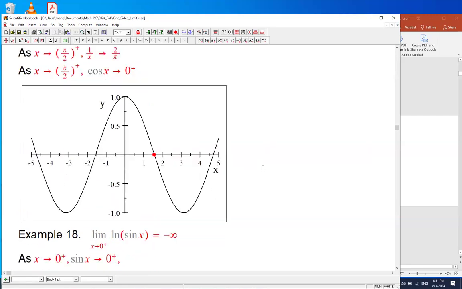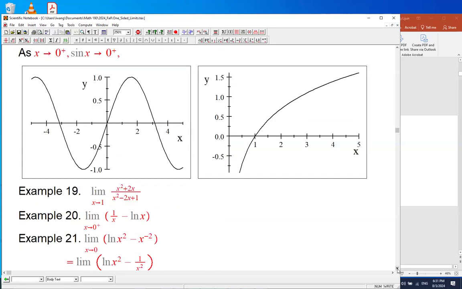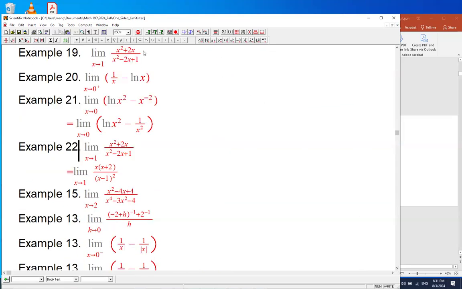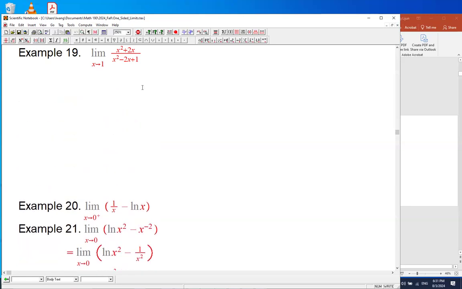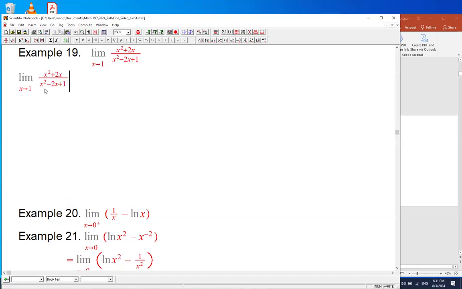I don't know how much time has passed, but anyway, so let's look at 19. For 19, we certainly try to reduce.